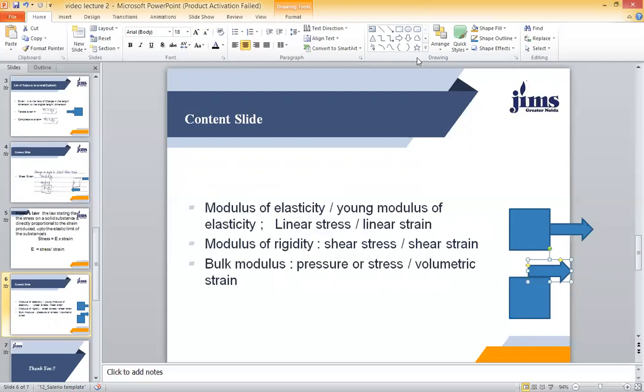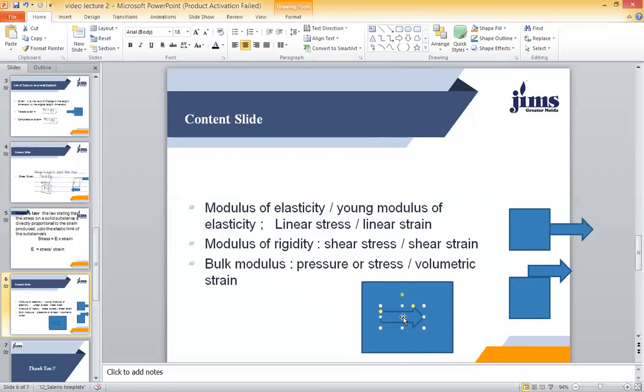And in the third case, if I'm talking about the bulk modulus, what is bulk modulus? It is like if I applied any stress to the body, like a balloon, a constant pressure or a constant stress on all elements of the body.